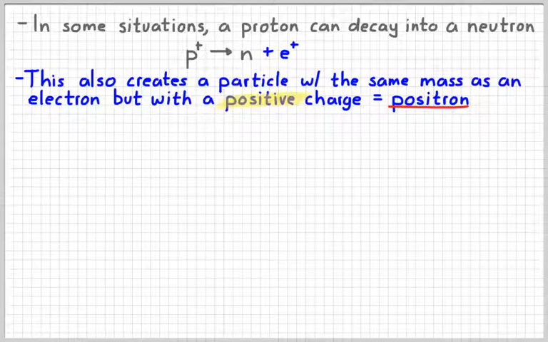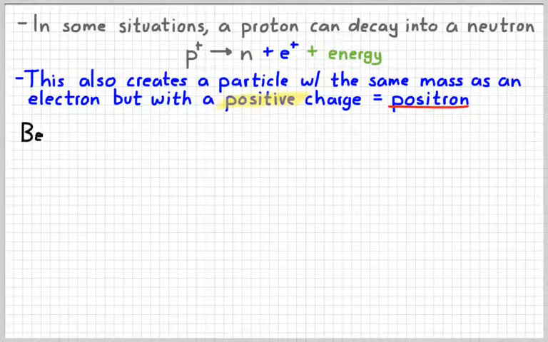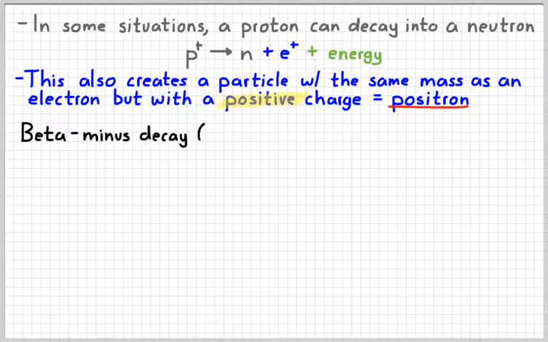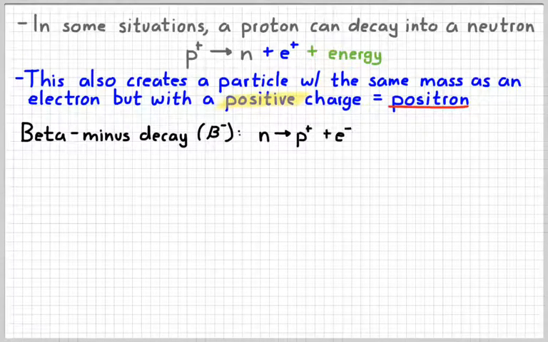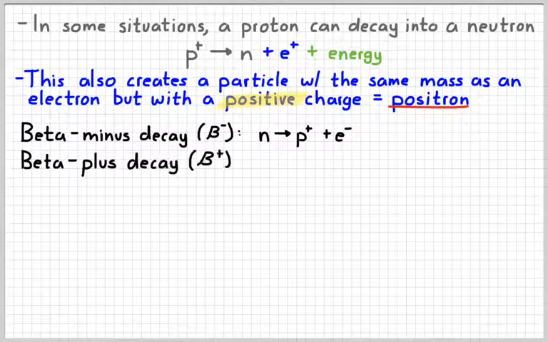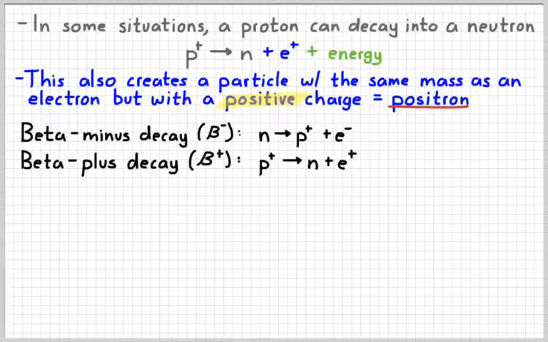The positron is actually the antiparticle of an electron, something we may get into later. Obviously energy is created as well. So there's two kinds of beta decay: beta minus decay, which would create an electron, and beta plus decay, which would create a positron.